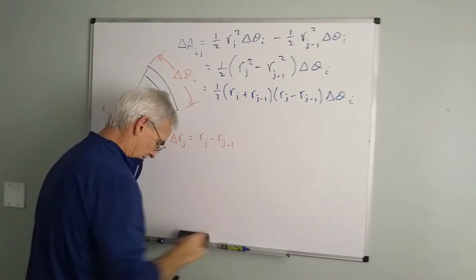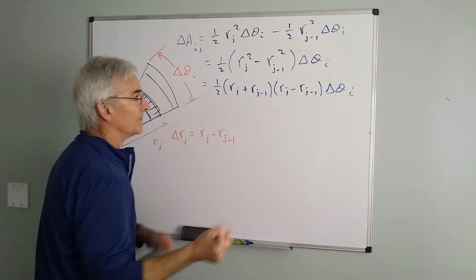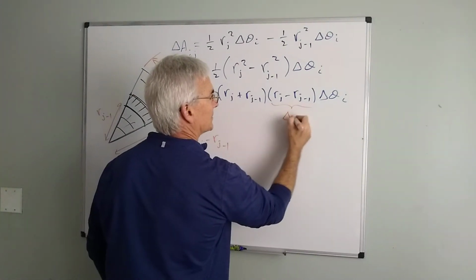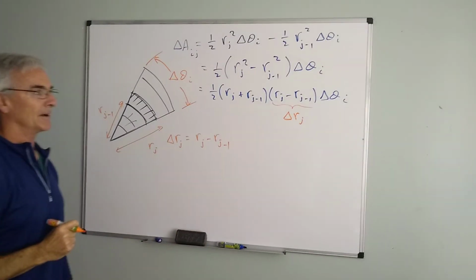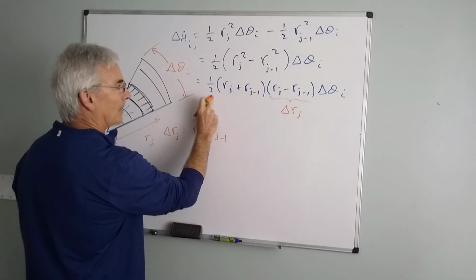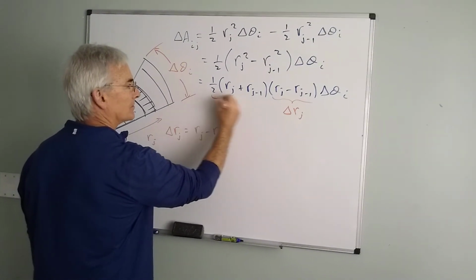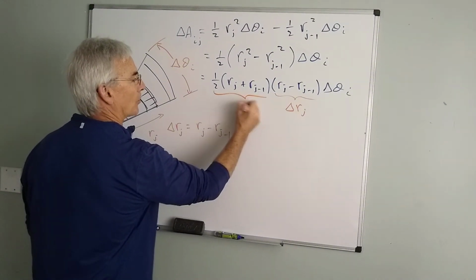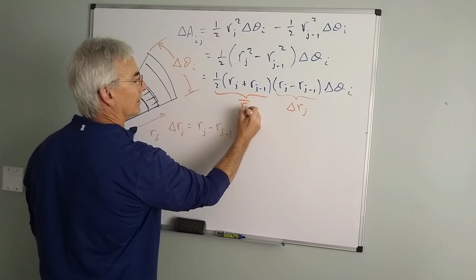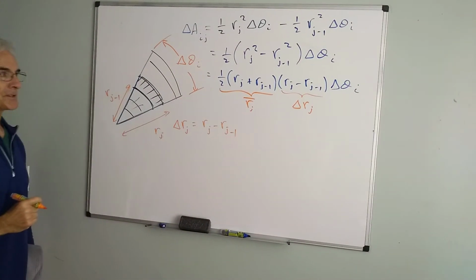So, hopefully you notice, that is delta R, right there. And here, I'm taking half the sum of the R's. That's the average R, which we sometimes will just call R bar. That's the average of the two R's.